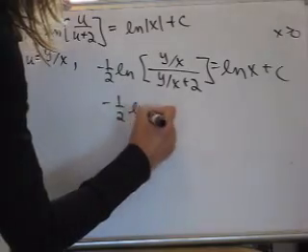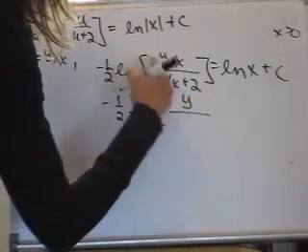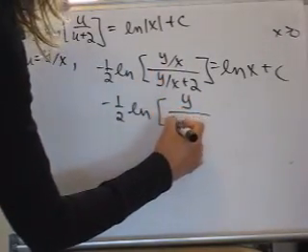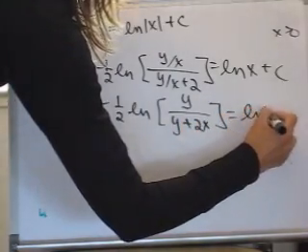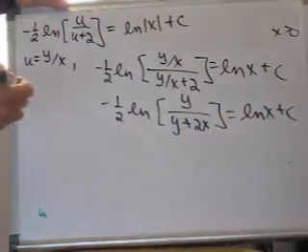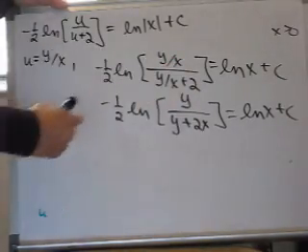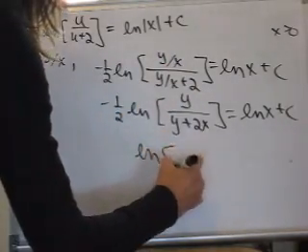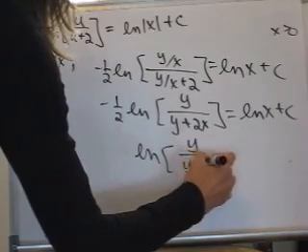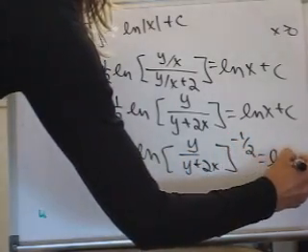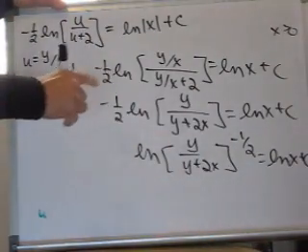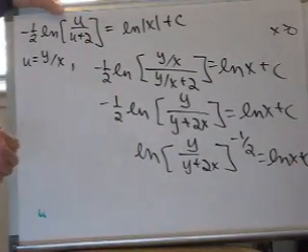So you get -1/2 ln of y, multiplying terms in the top by x, over y plus 2x equals ln of x plus c. And then if I move this exponent to the top, I get ln of y over y plus 2x to the -1/2 equals ln of x plus c. And I can exponentiate both sides.